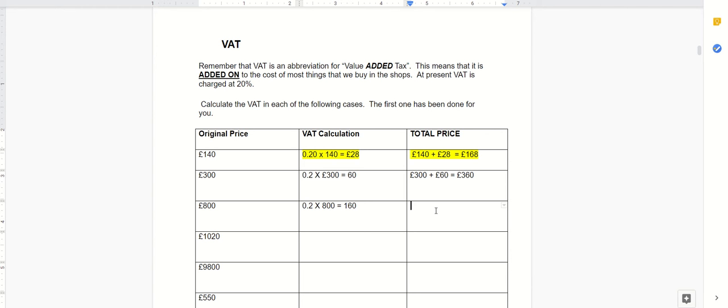And then what we do is we add £800 to £160, and we're left with £960. So that's what we actually have to sell it to the customer as if we want to make this money on the till. If we want to have this as our takings for that product, we need to actually sell it for this price, which is inclusive of the VAT, the tax we're giving the government.